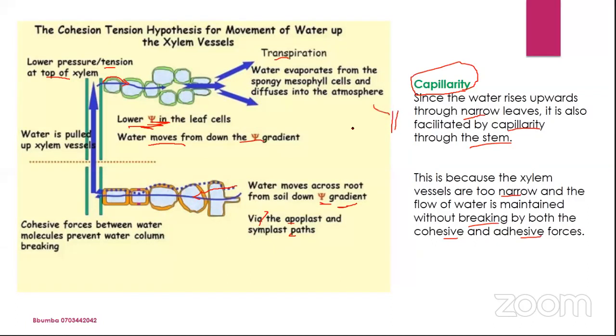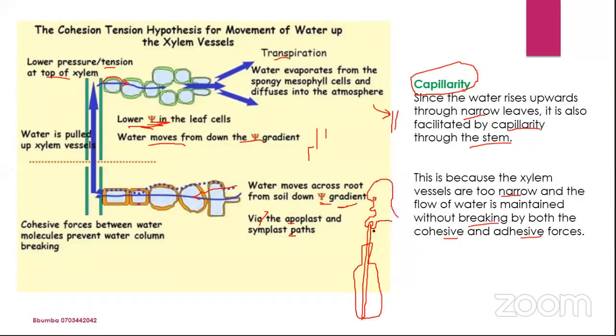If you want to understand capillarity more, think about how you suck soda. Let me draw it here. This is the bottle of soda, and you're going to be sucking soda. I'm assuming this is your nose and that's your mouth, and you are sucking soda.